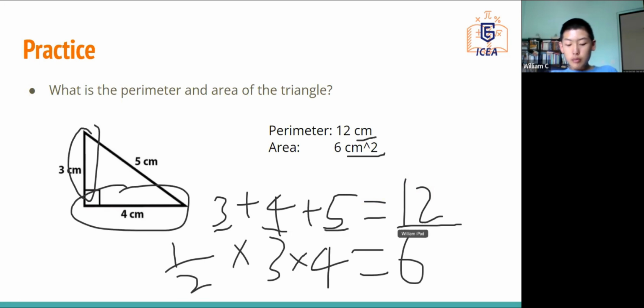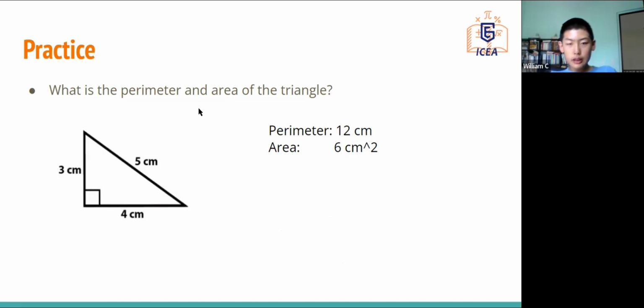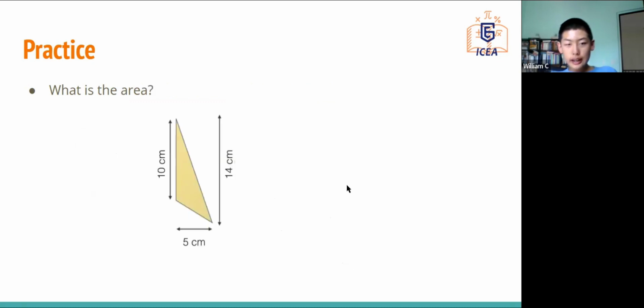However, 3 centimeters times 4 centimeters equals 12 centimeters squared, because we're multiplying centimeters with centimeters, not just centimeters. The area is always in the unit of the length squared, while the perimeter is always in the unit of the length. Now let's practice again.